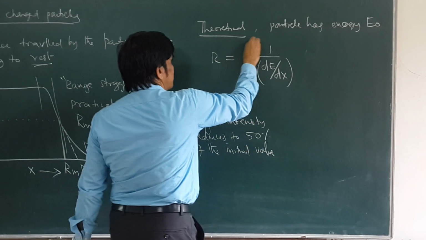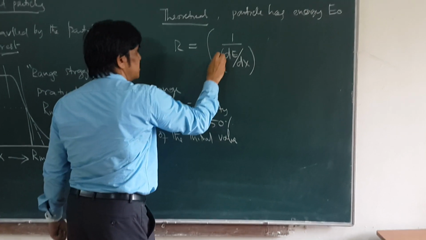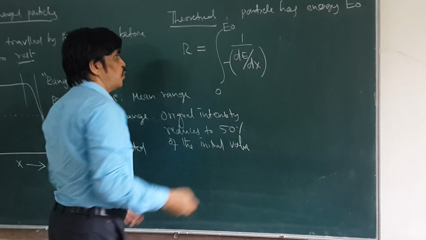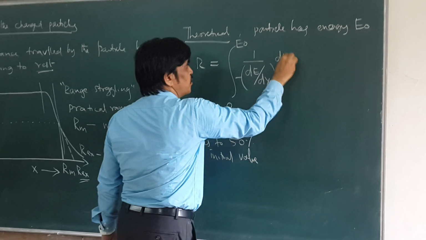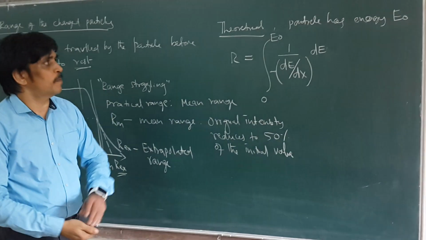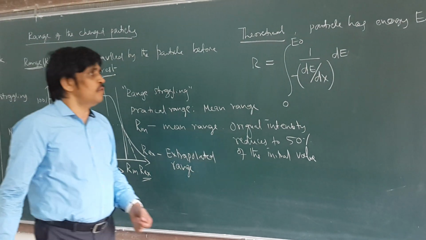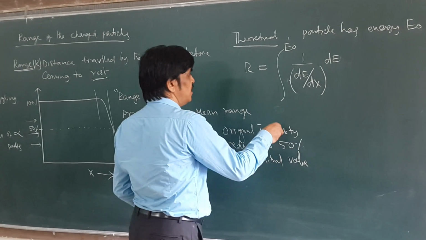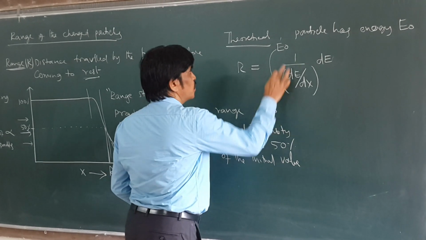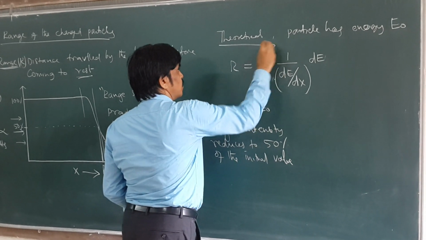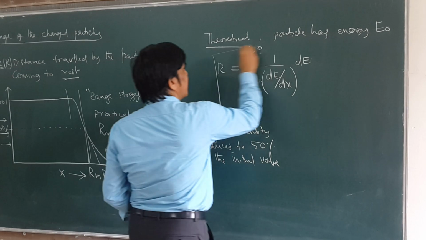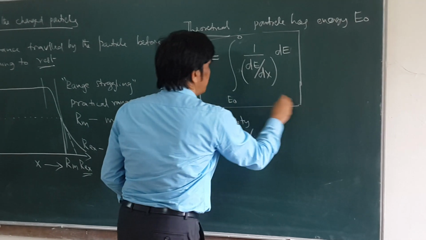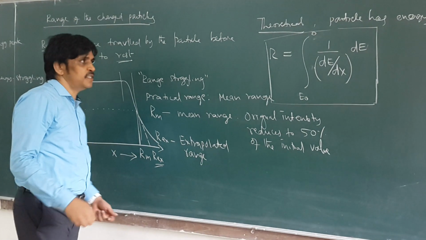Then you have to integrate over the entire energy range, from 0 to E0. So you have to mathematically do this. So you know from mathematics that you can change the negative sign by changing the limits, so this will be E0 and this will be 0. Therefore, theoretically you will be able to evaluate the range of the alpha particles from its specific energy laws.